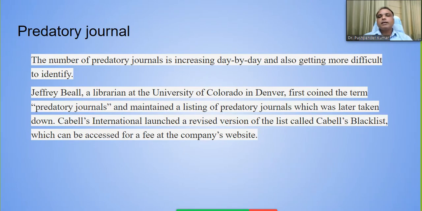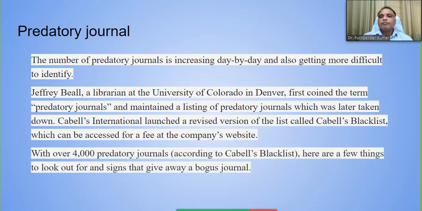So Cabells International launched a revised version of the list called Cabells Blacklist, which can be accessed for a fee at the company's website. With over 4,000 predatory journals according to Cabells Blacklist, here are a few things to look out for and signs that give away a bogus journal.